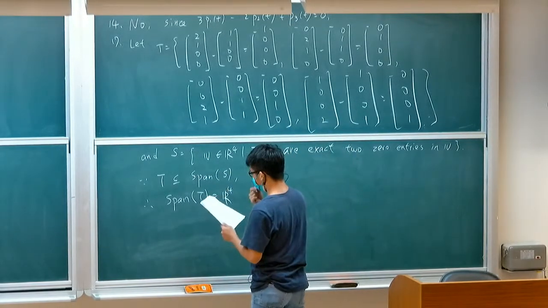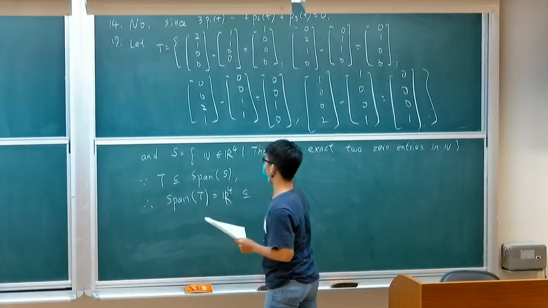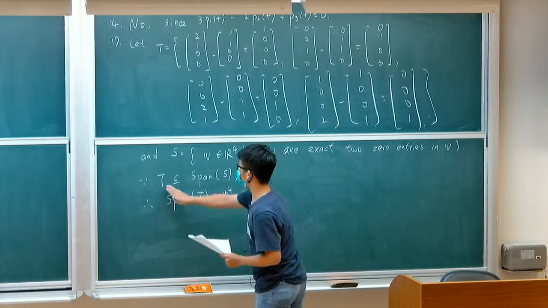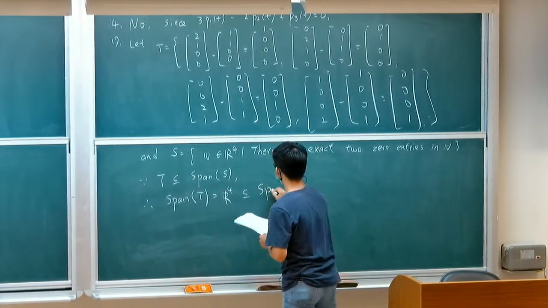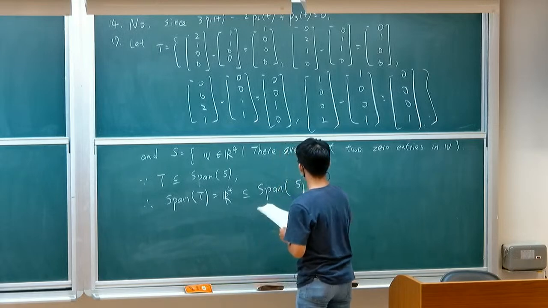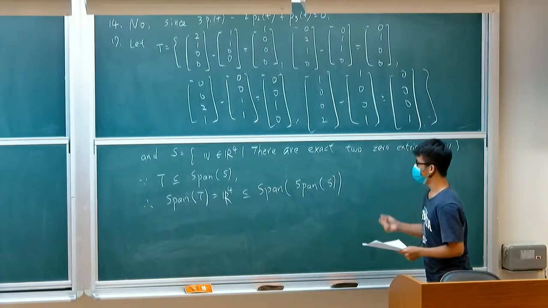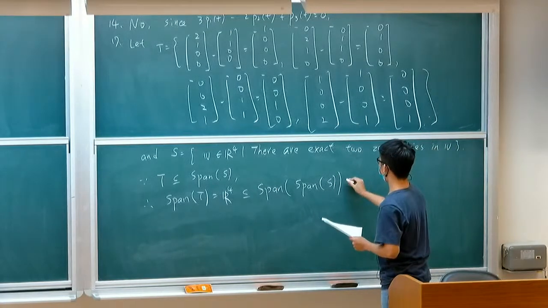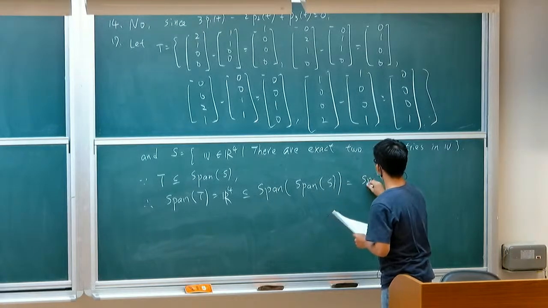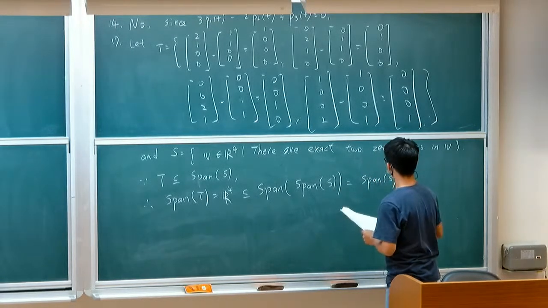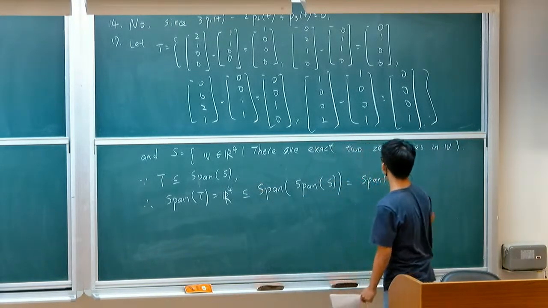Now, since T is inside span of S, span of T is inside span of S. And from previous exercises, we know that this is actually equal to span of S. And trivially, span of S is inside R4.